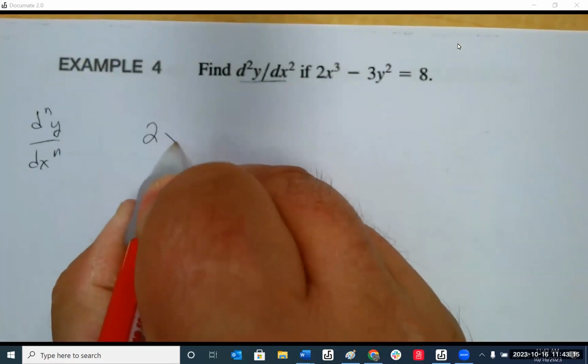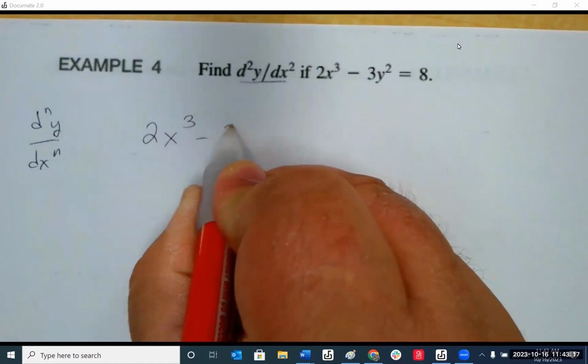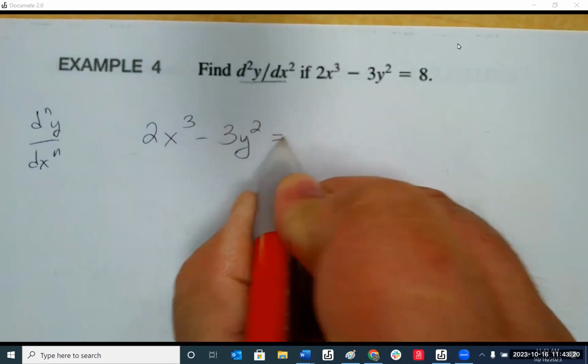So we have 2x cubed minus 3y squared equals 8.